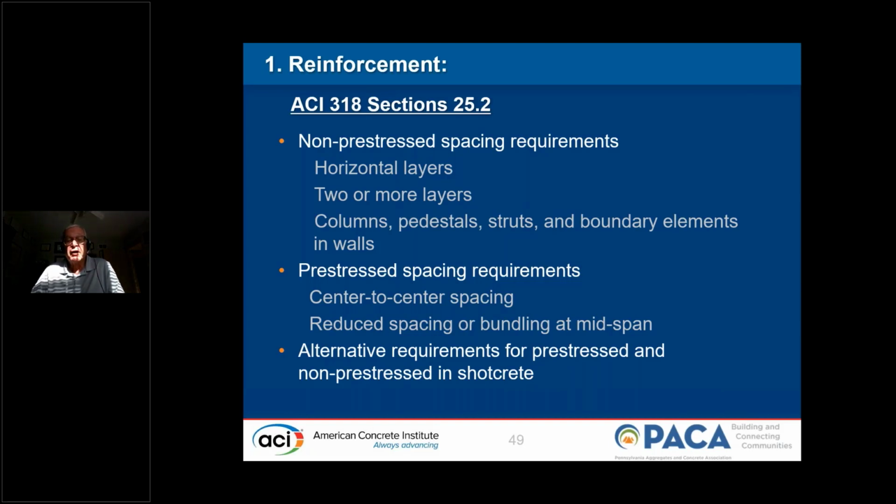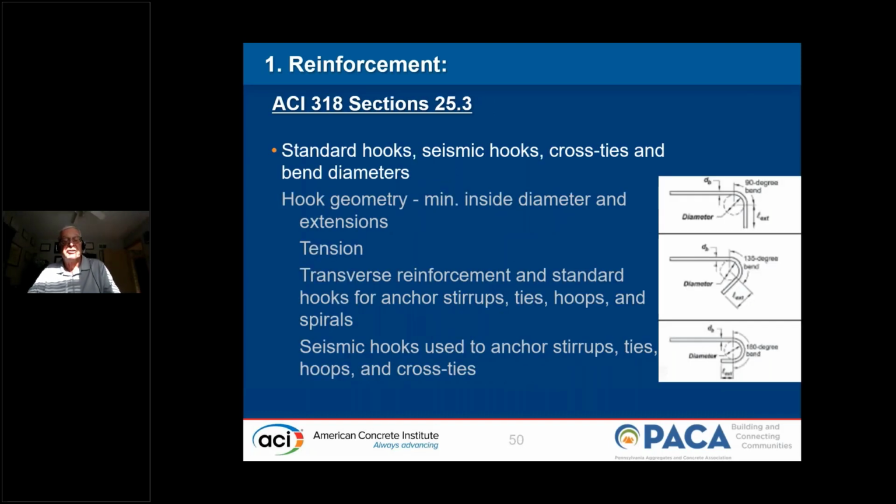All of those requirements are spelled out explicitly in ACI 318. In addition, when it's pre-stressed, we also have to look at the center-to-center spacing and any reduced spacing or bundling at the mid-span of the concrete elements. So there's, again, a lot of information, a lot of things that the inspector needs to be knowledgeable about.